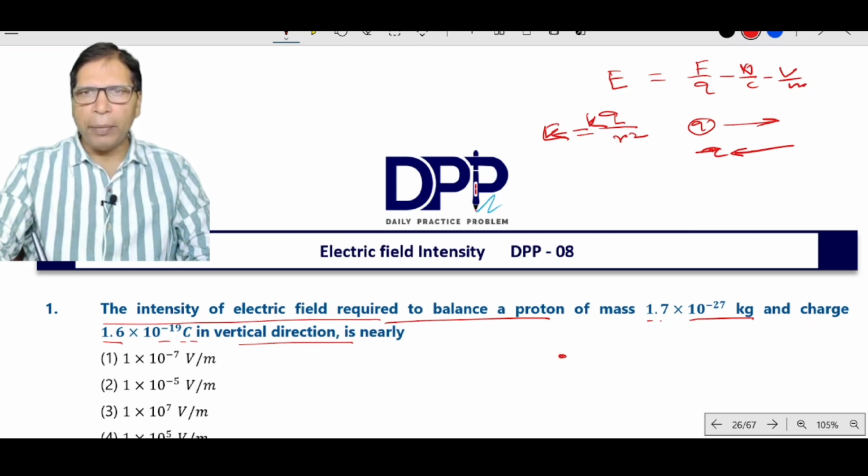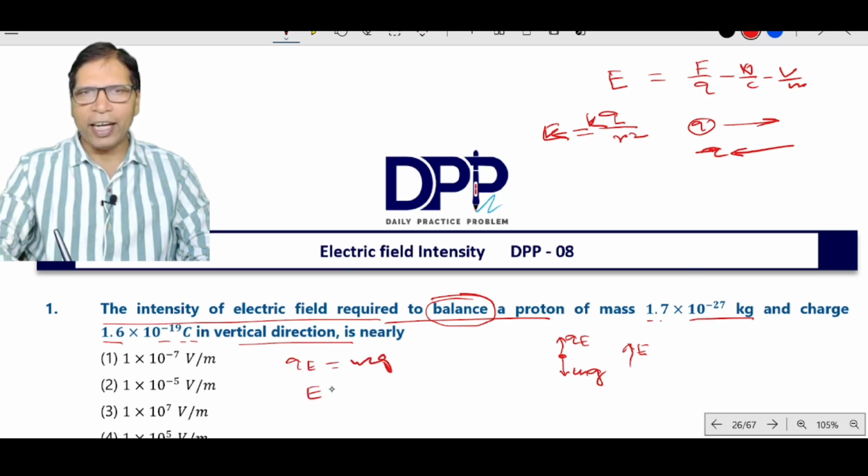Due to gravitational force, the force mg acts in the vertically downward direction, so the electric field must act in the upward direction. So the vertically upward force is the charge of the proton into E. As the proton is in equilibrium, qE equals mg.